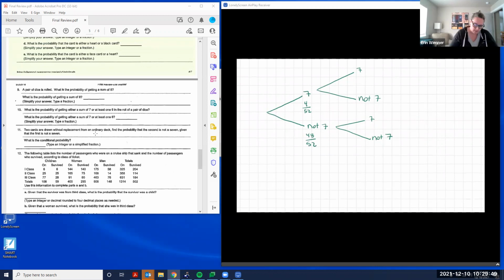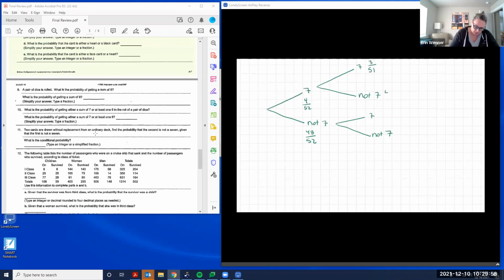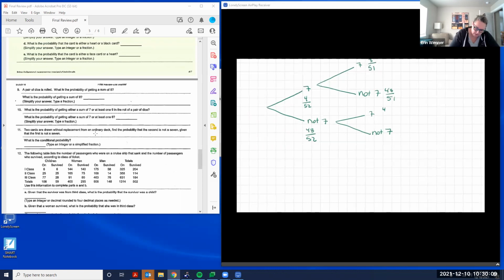Okay, so then we go to the next outcome. If we drew a 7 first, and we draw a second 7 again, it's going to be 3 out of 51 for this stage versus 48 out of 51 for that stage. If we didn't draw a 7 first, but we draw a 7 second, there's still 4 7s there, but we only have 51 cards. And then not drawing a 7 second would be 47 out of 51.